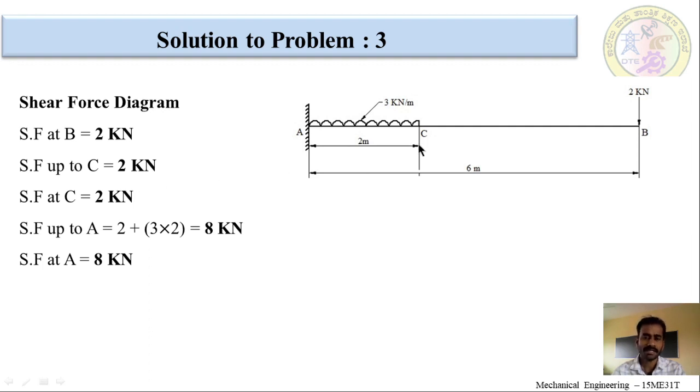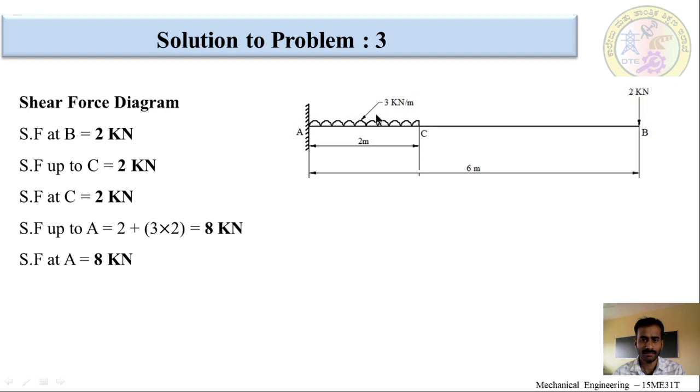Now, what is the shear force at C? At C there is no concentrated or point load, hence again it is the same, 2 kilonewton. Now, we will see from C to A.